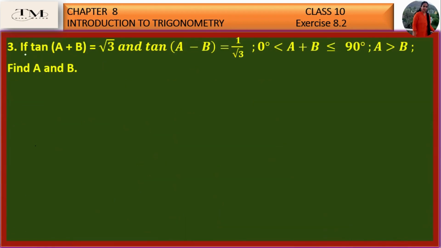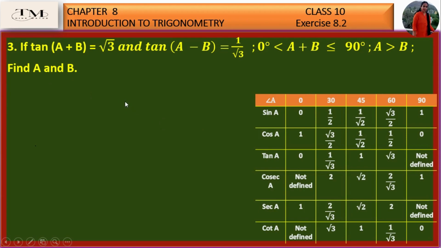Third one. If tan(A plus B) is equal to root 3 and tan(A minus B) is equal to 1 by root 3, A plus B lies between 0 degree to 90 degree and A is greater than B. These are the conditions. We have to find A and B. Let us take the table. What is given?